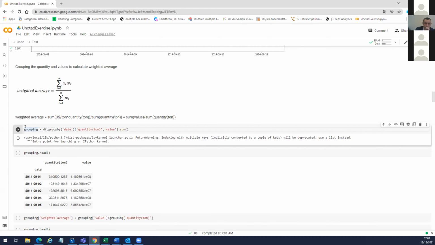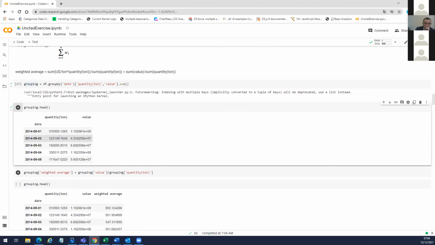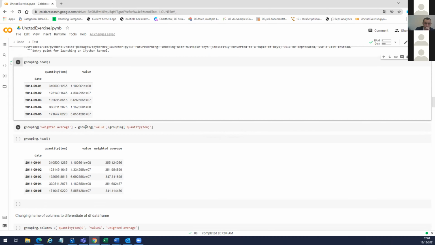I need to create a new data frame, call it grouping, to do this, because I will aggregate by day the quantity in tons and the value by sum. Look, this new data frame sums the quantity and the value by day to calculate our weighted average. To calculate the weighted average, I divide the value of the grouping day by quantity ton.